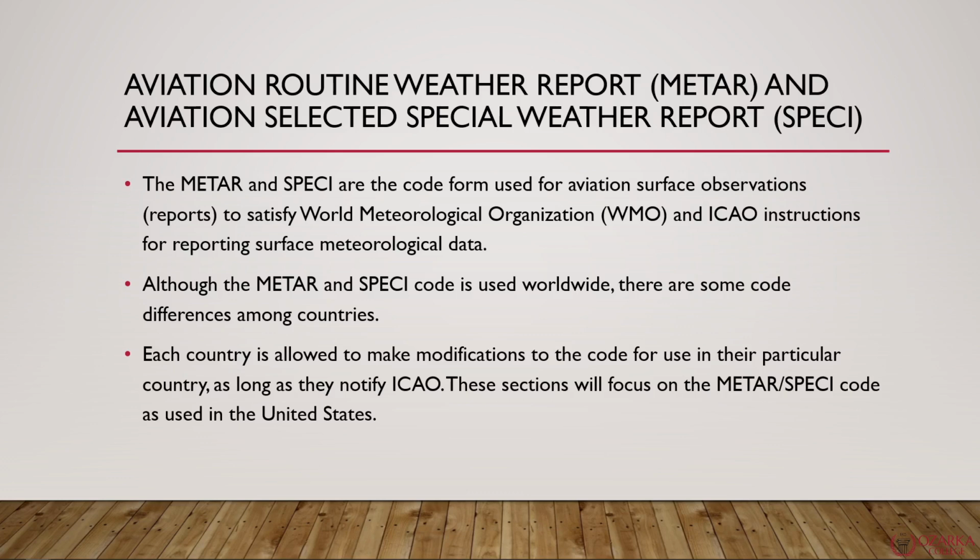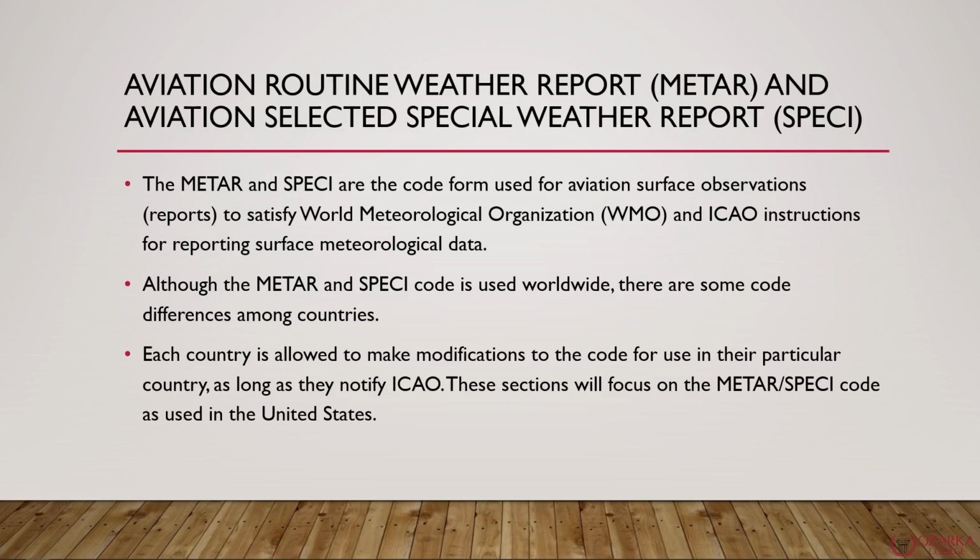So what is a METAR? A METAR is an aviation routine weather report, and a SPECI is an aviation selected special weather report. Now the METAR and SPECI are in a coded form used for aviation surface observation to satisfy the World Meteorological Organization, or WMO, and ICAO instructions for reporting surface meteorological data.